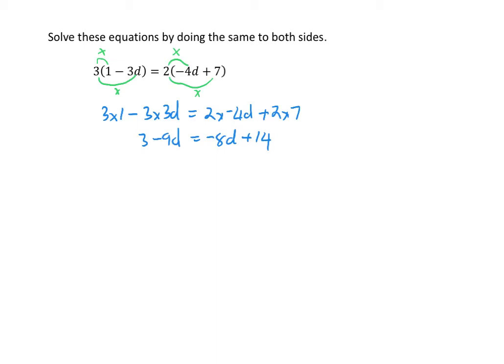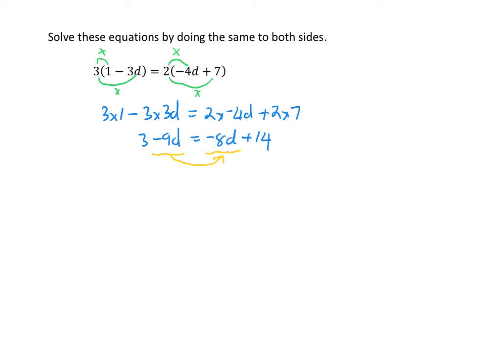So the next step, now that I've simplified my original equation, is to move my unknown variables onto the same side. So I've got a negative 9d and a negative 8d. I want to move my negative 9d across to the right hand side.